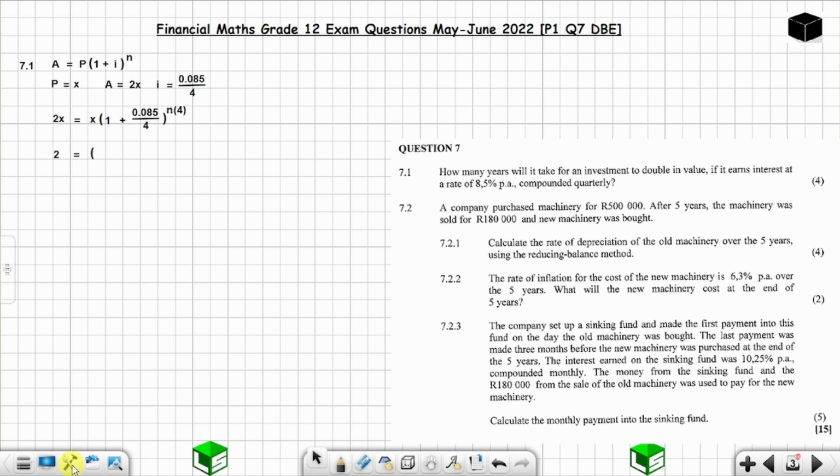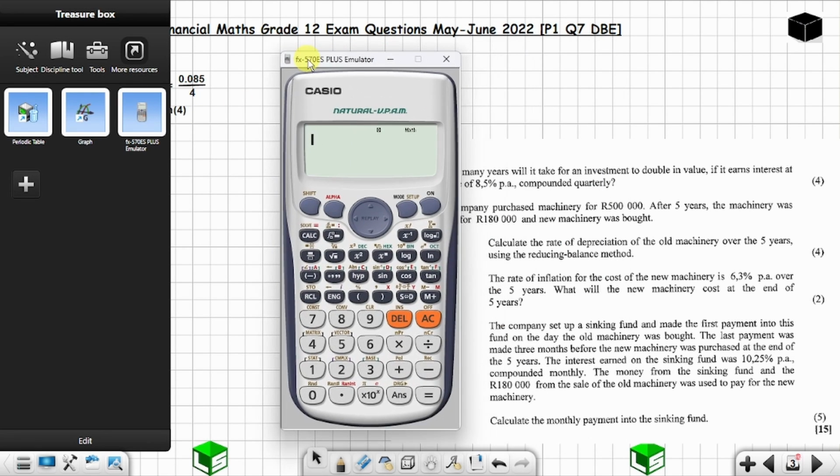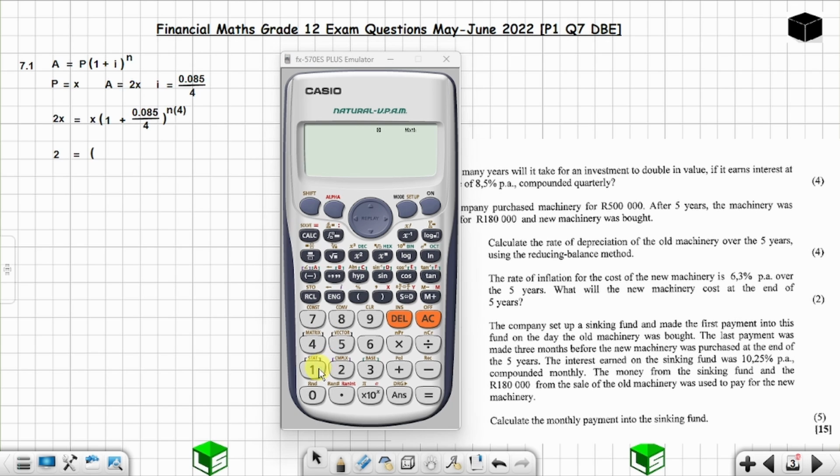So let's see what the bracket is equal to. You have 1 plus 0.085 over 4, which is equal to this. This is not rounded off.